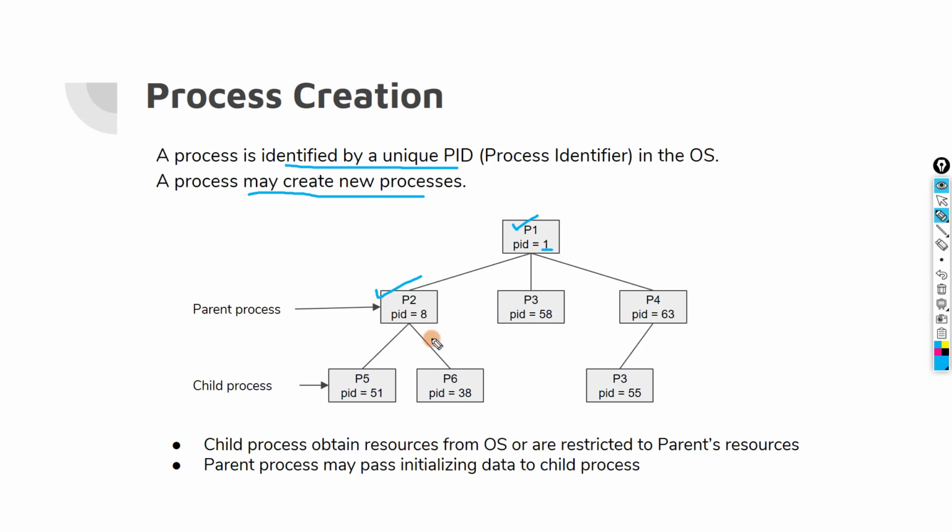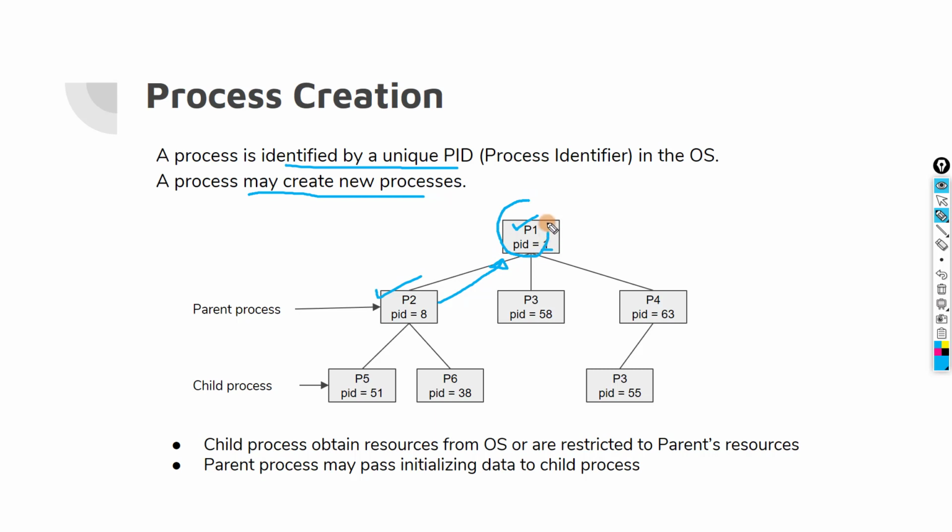Whenever a process is creating a child process, the child process will also need some resources of the computer system, right? From where does this child process get the resources? There are two ways. One way is the child process can get the resources from the operating system directly, or the child process can get the resources from the parent.